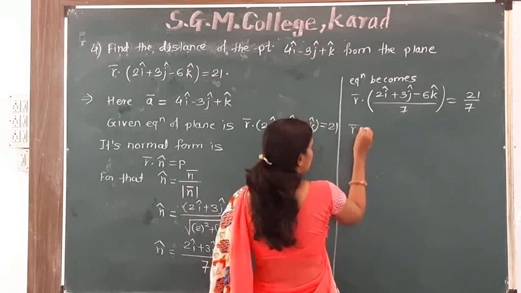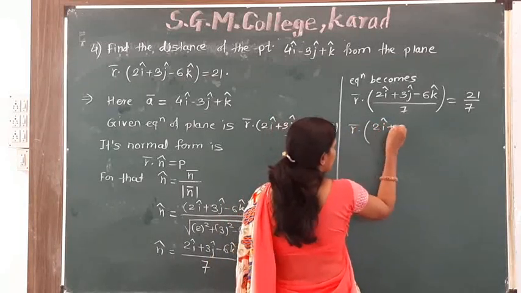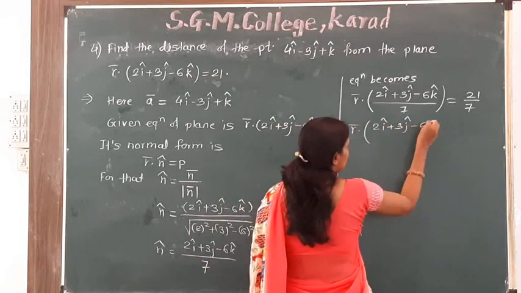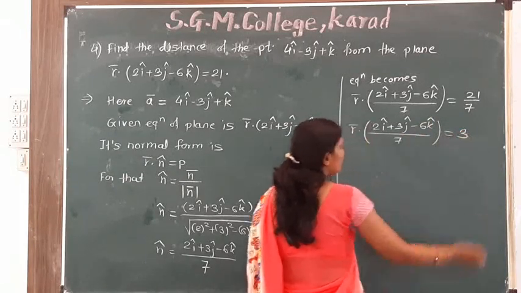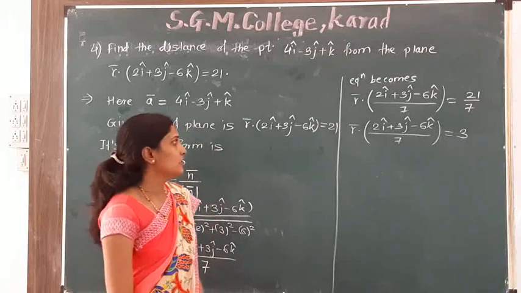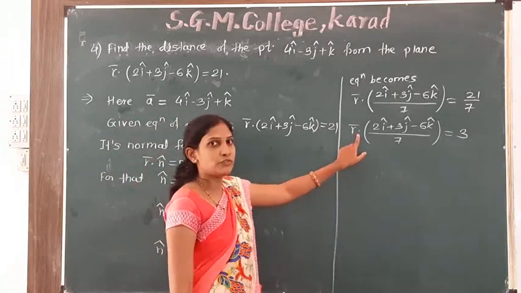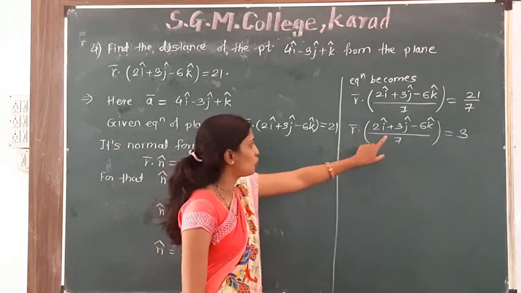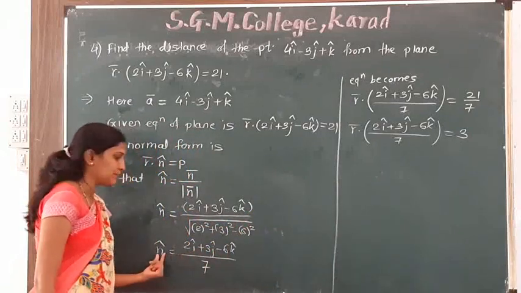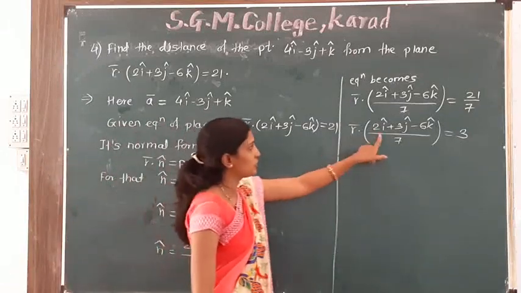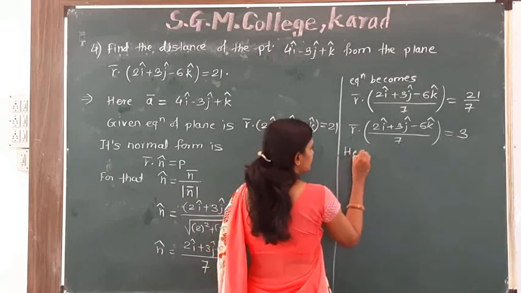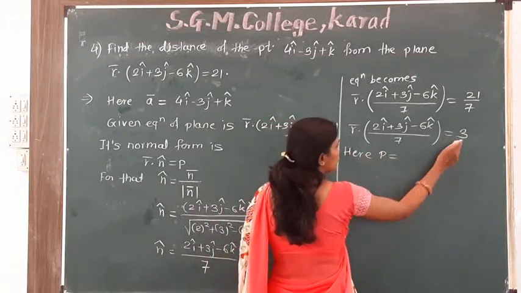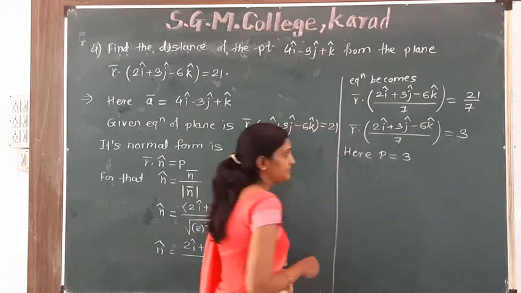So r bar dot (2i cap plus 3j cap minus 6k cap)/7 is equal to 3. This equation is of the normal form, that is r bar dot n cap, and this is the value of n cap. r bar dot n cap is equal to P. So here P is equal to 3.